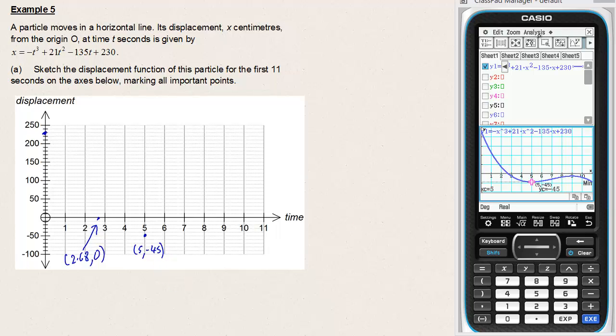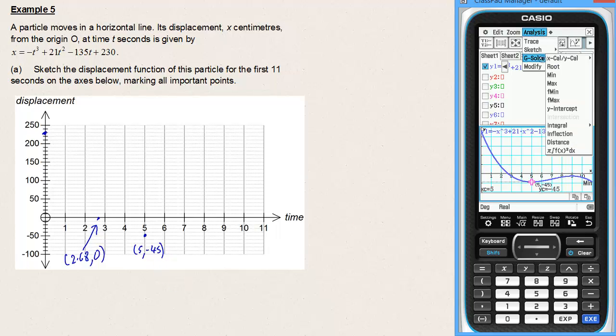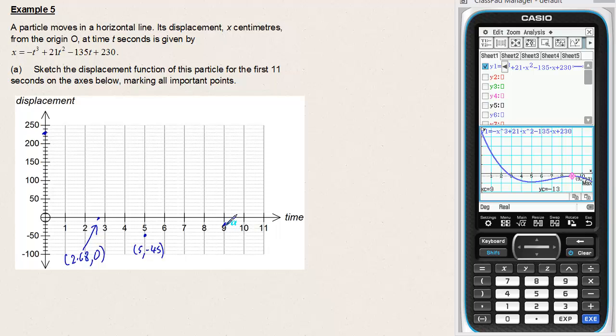Then there's a maximum. And it's found that. That's at (9, -13), which is about here. So (9, -13).